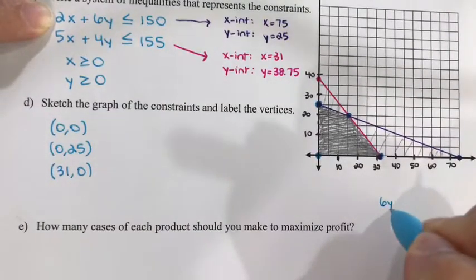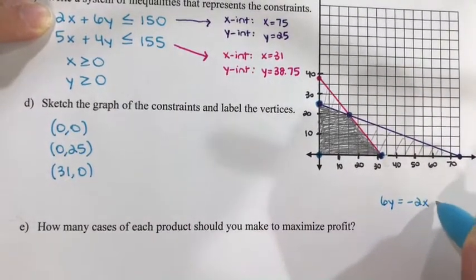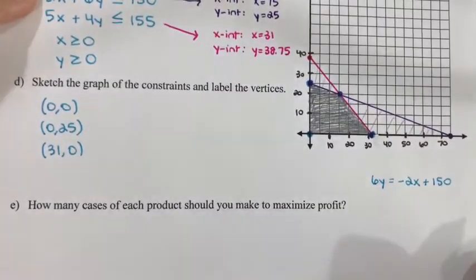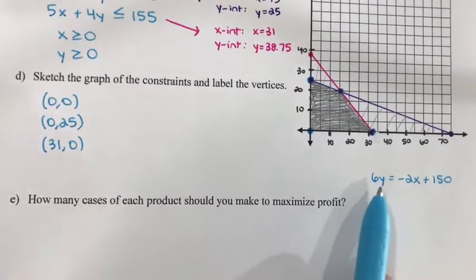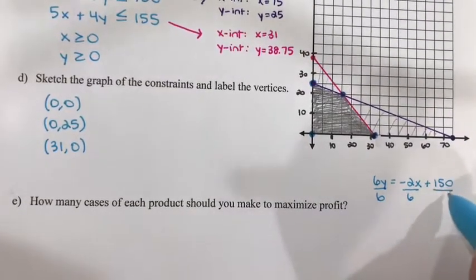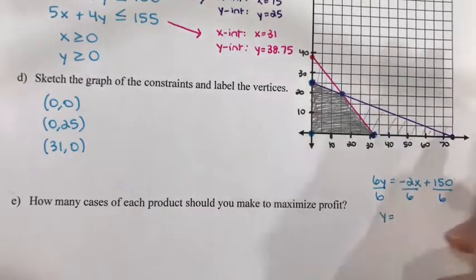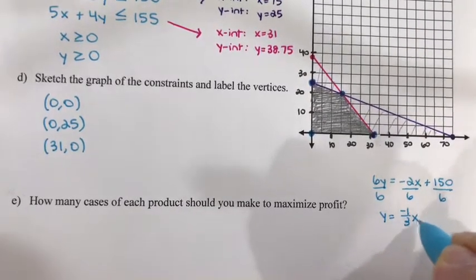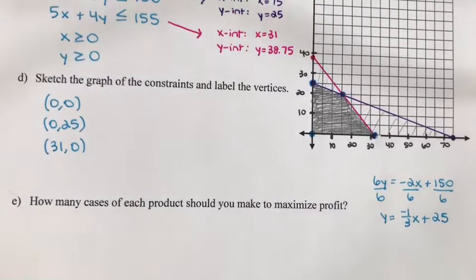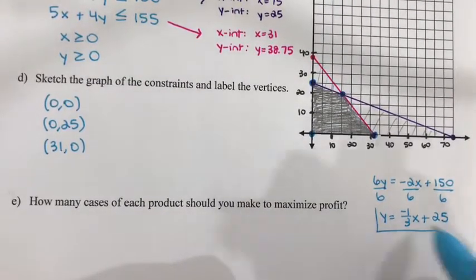So I've got 6y equals negative 2x plus 150. I'm not worried about the fact that it's an inequality because I just care about the slope-intercept form. So I'm going to divide by 6. Okay, so this is one of our equations.